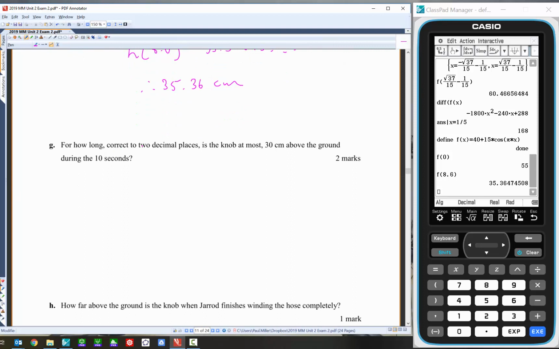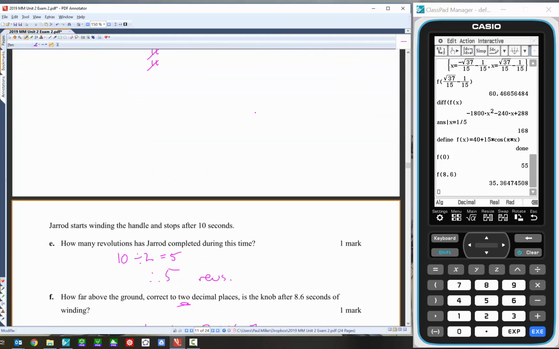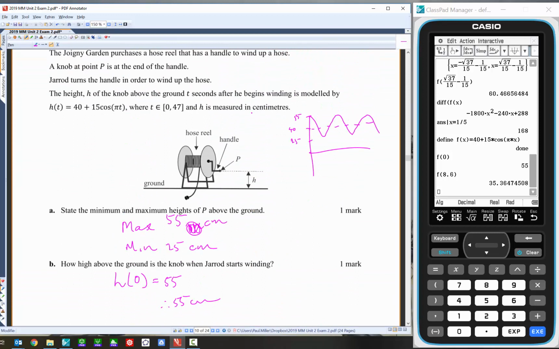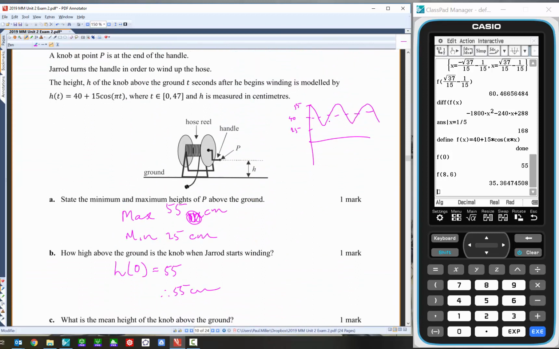For how long, correct to 2 decimal places, is the knob at most 30 centimeters above the ground during the 10 seconds? Here's what's happening. At most 30. Here's 30 along here. At most 30, that's at its highest.